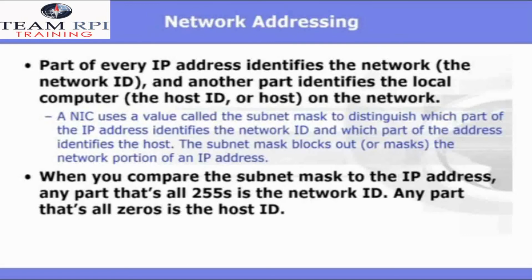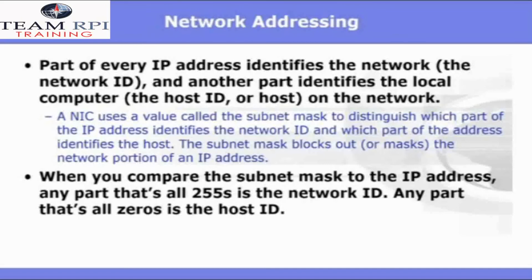However, don't confuse your IP address with your subnet mask. You can tell the subnet mask because you'll see the number 255. Any part that is all 255s is the network identifier. Any part of the subnet mask that is 255 is your network ID.